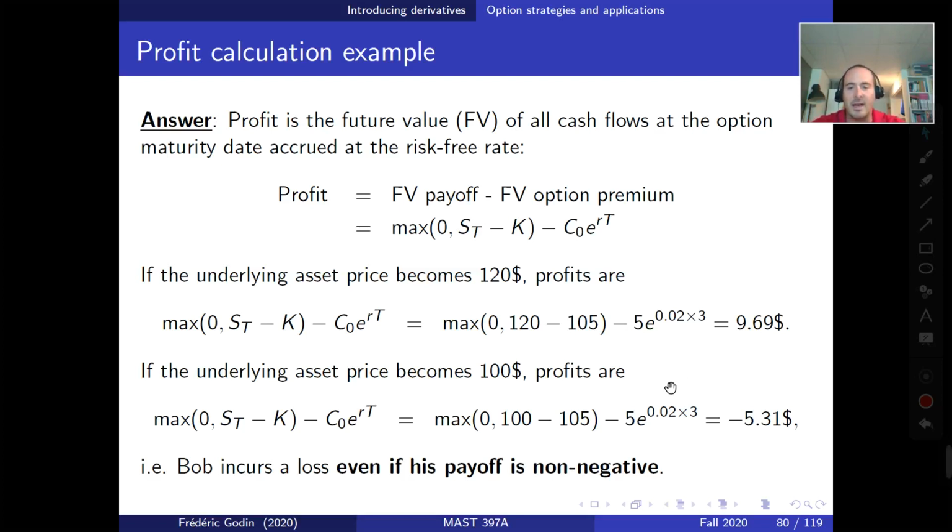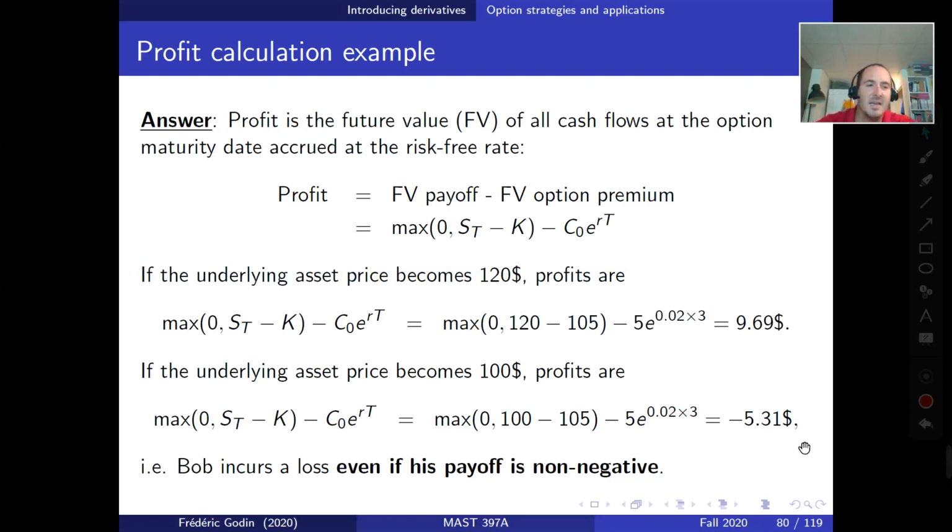Conversely, if the underlying asset price becomes $100 in 3 years, then profits would be given by the same formula, but now instead of having 120 here, you have $100. So this is the maximum between 0 and minus 5, so this becomes 0 minus the future value of the premium, which is minus $5.31.